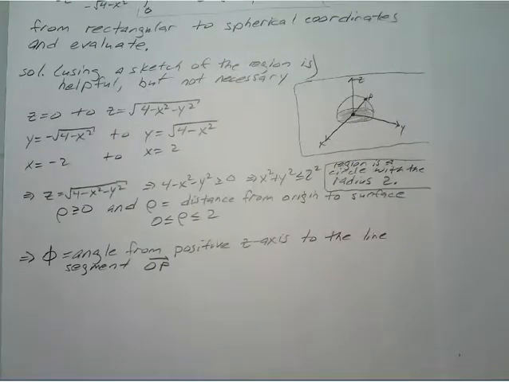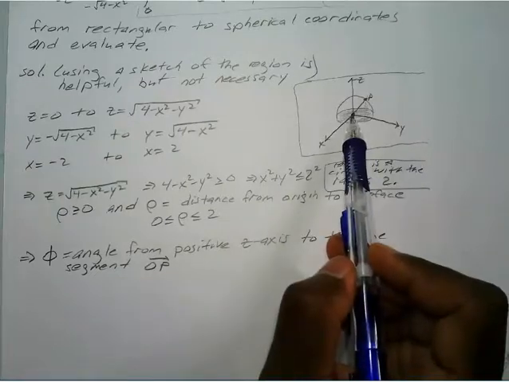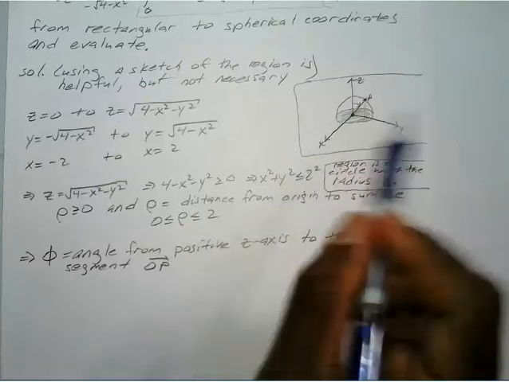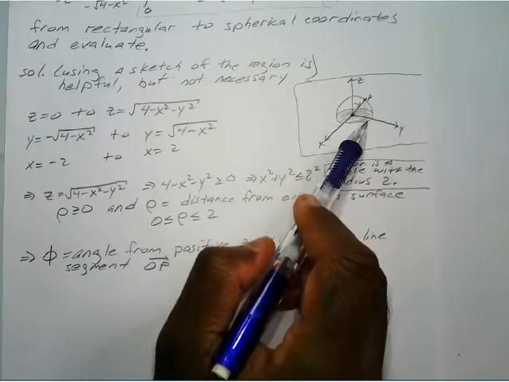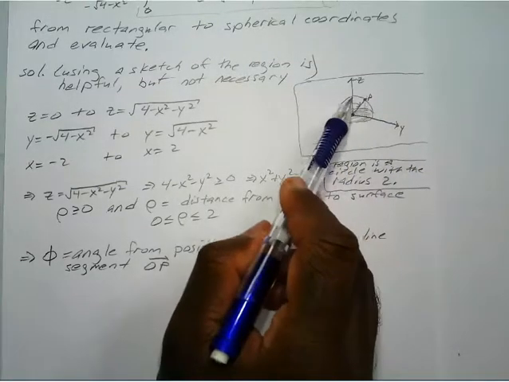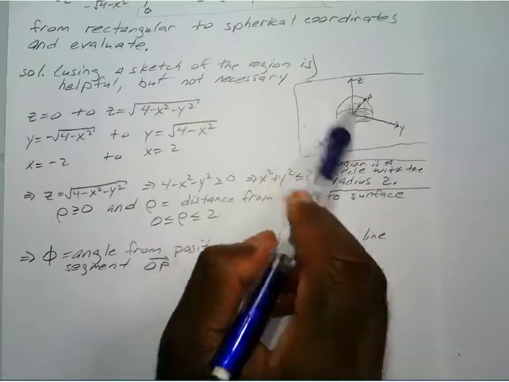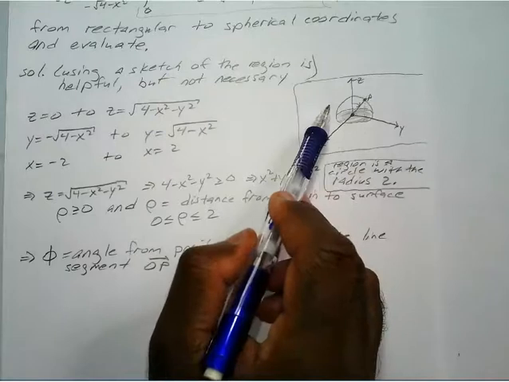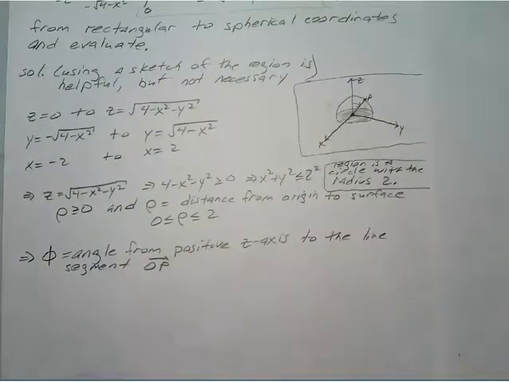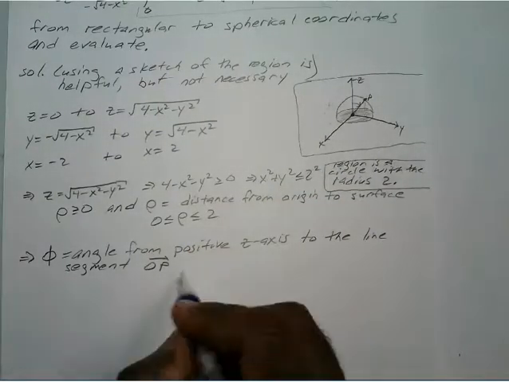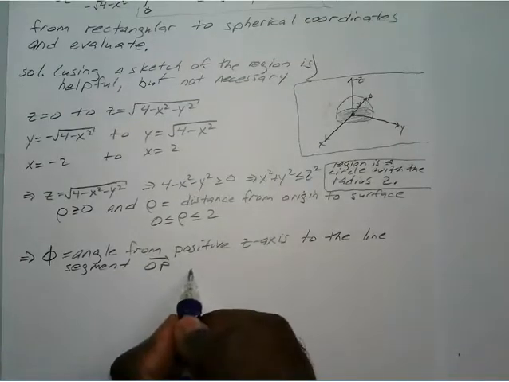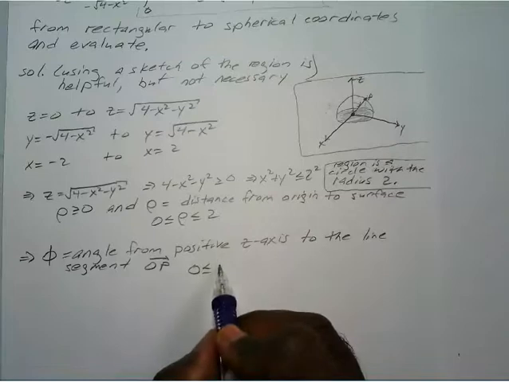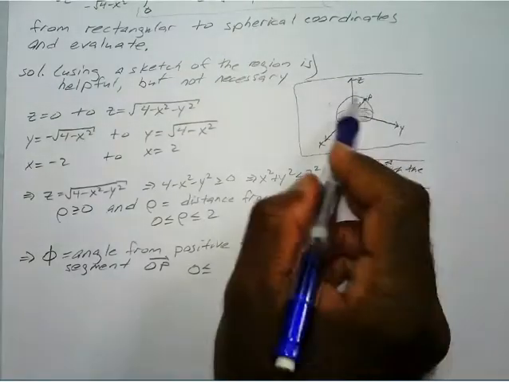Okay, so that means this P, we look at that value here, that can go from this side, or it can go all the way to the other side. So it can really go from one way or the other. It can go from 0 to 180 degrees, or from 0 to 2 pi. Okay, so that means our phi, I mean not 2 pi, pi over 2, because it's going in that way.